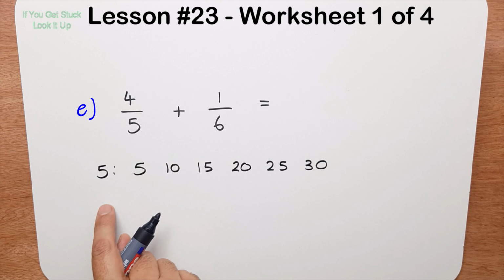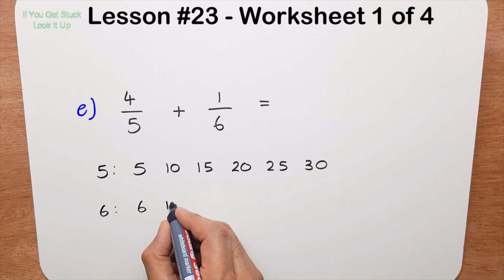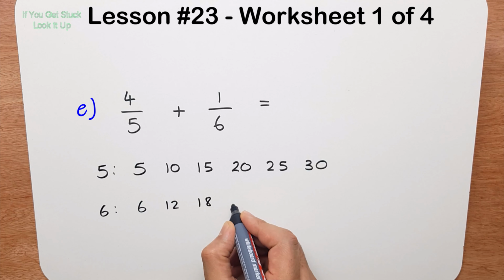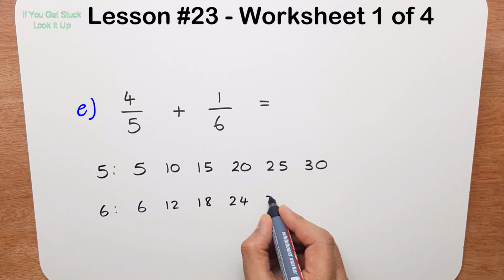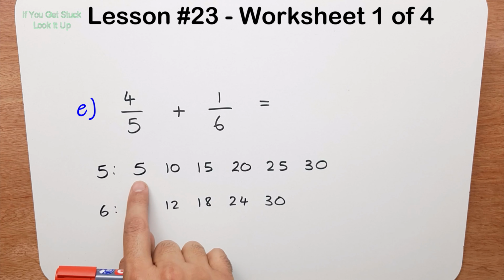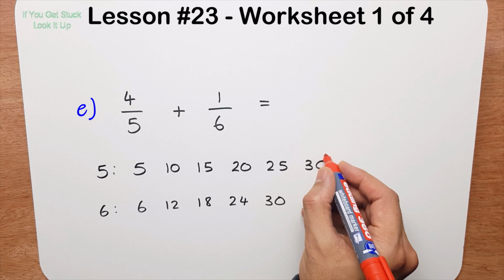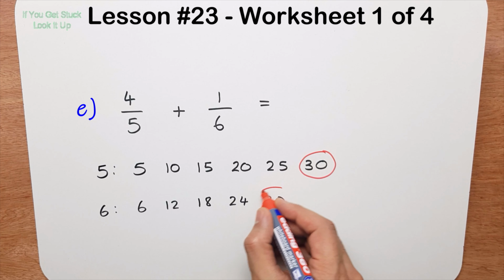And I'm going to do the 6 times table. 6, 12, 18, 24, and 30. So I can see in the 5 times table and the 6 times table, the lowest common multiple is 30.